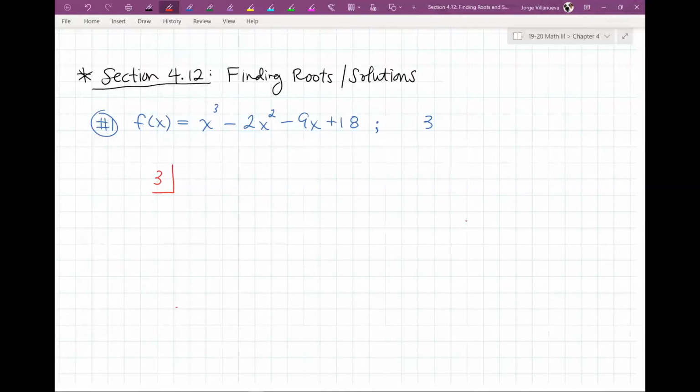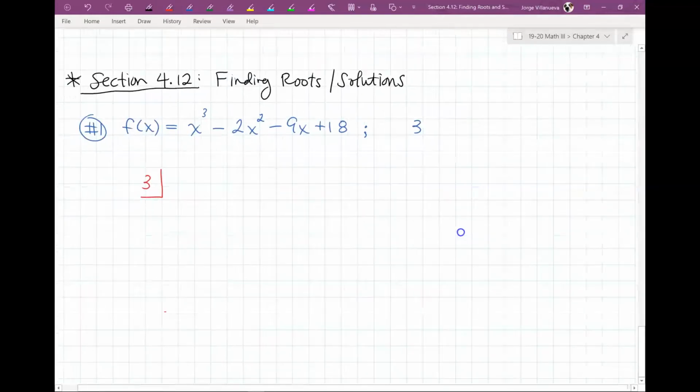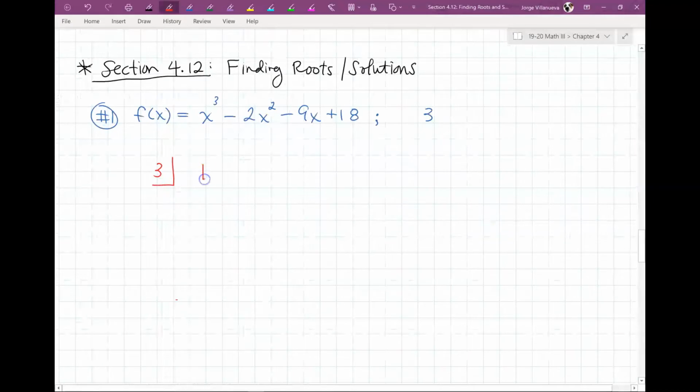I am going to take the coefficients. What do we have? 1, -2, -9, and 18. Now, they did say that 3 is a root, which means it's a 0, which means it's a solution, which means that when I do this, I better get a remainder of 0. Because if I don't, then either I did something wrong or they're wrong in assuming that 3 is an answer.